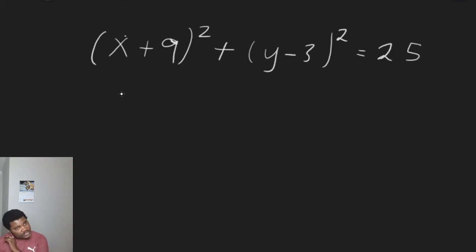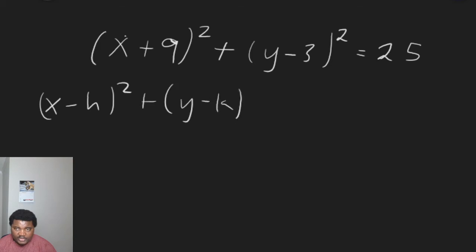If you have this question, all that you need to do is remember your formula, (x minus h) all squared plus (y minus k) all squared is equal to r squared. So just compare this formula to this equation.